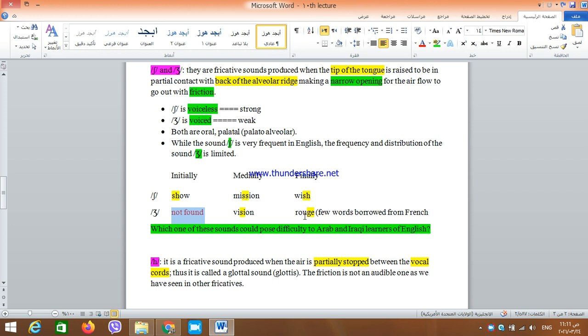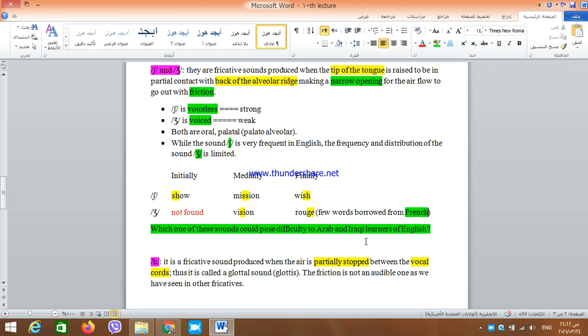Finally we have wish and rouge. Rouge, beige, garage. These actually are few examples for "je" in final position, and most probably they are borrowed from French. They are of French origin, like rouge and garage.